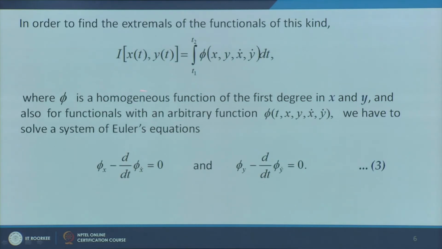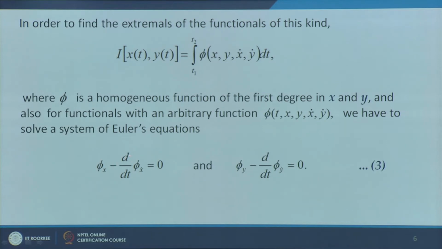Now, in order to find the extremals of functionals of the form where phi does not contain t explicitly and is a homogeneous function of degree 1 in x dot and y dot, we get the system of Euler's equations to find the extremum of this functional. We have a system of Euler's equations because x and y are the dependent variables and t is the independent variable.